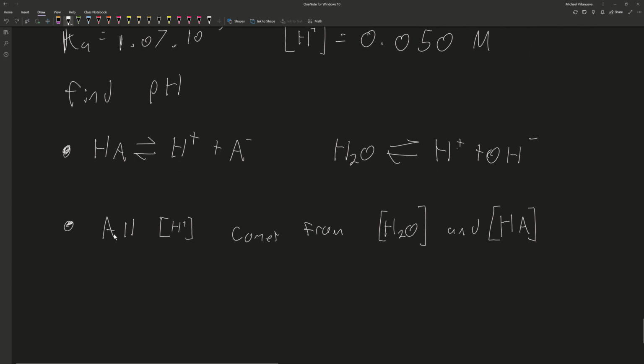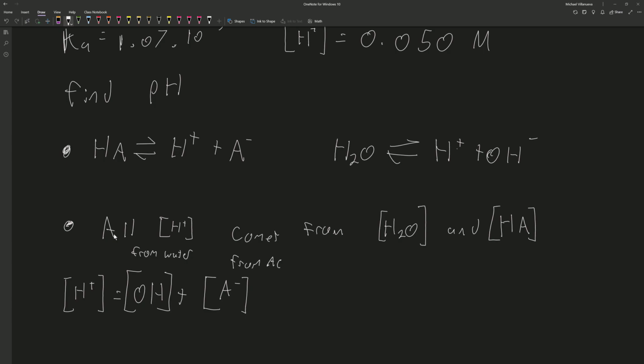What that means is that H plus is equal to OH plus A. This is from water, acid. However, I want to tell you how we will be handling everything.